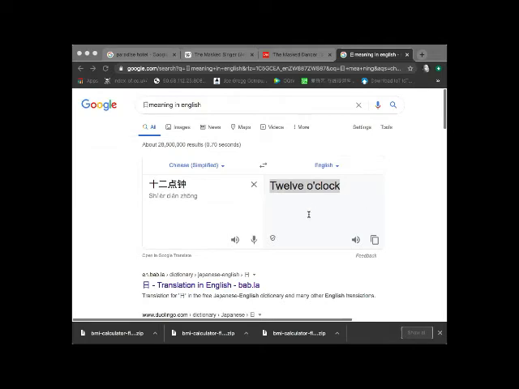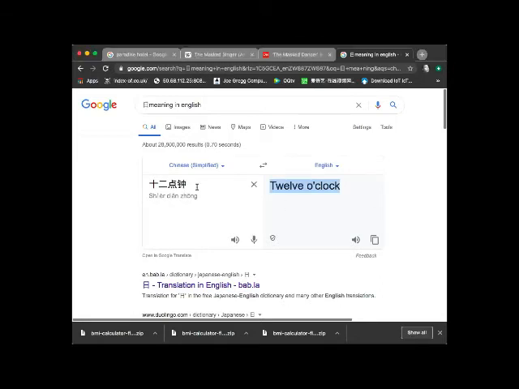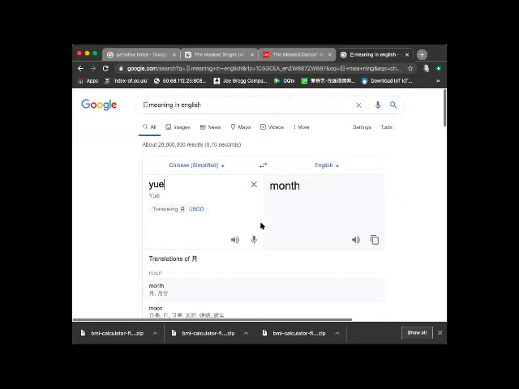The word for month is, what's the word for month? Yue. Yes, very good. So Yue, that's the word for month. And if you want to say January, yes, we start with the number, then month.